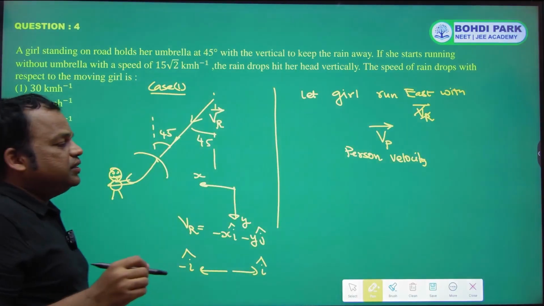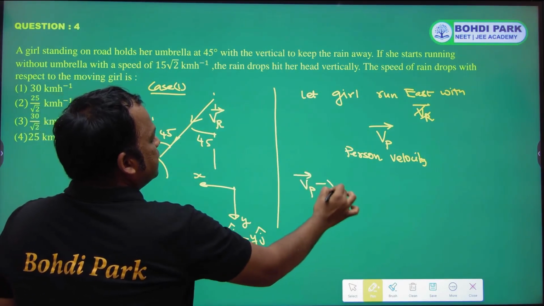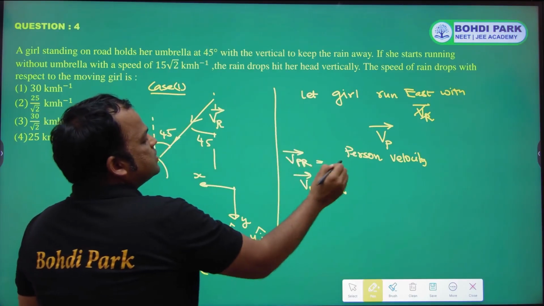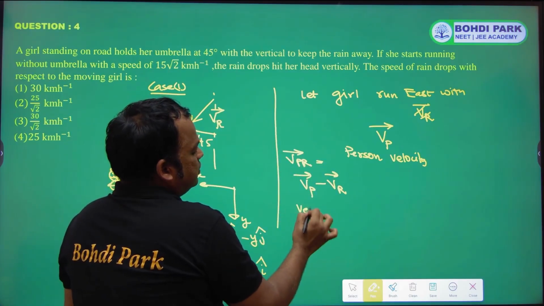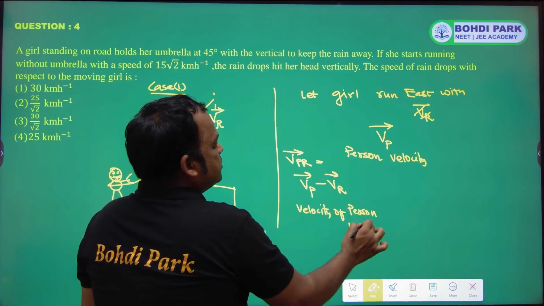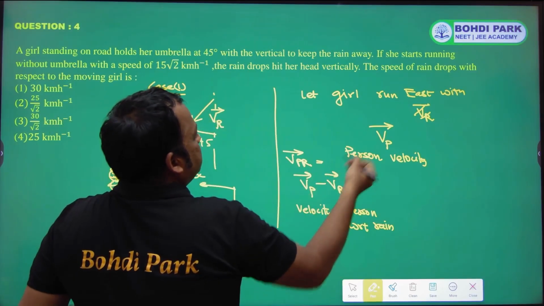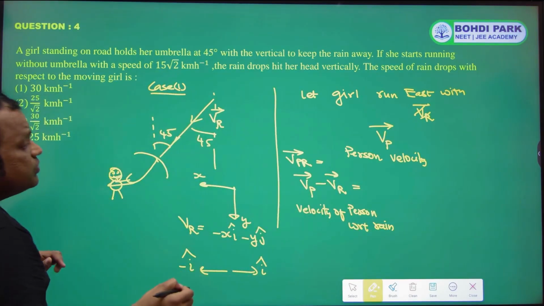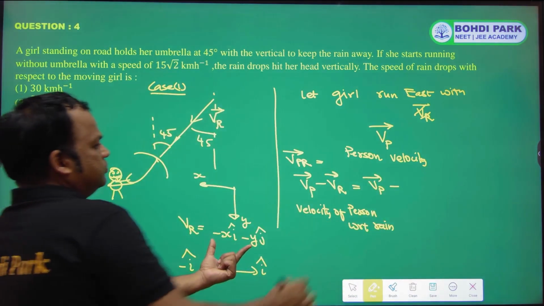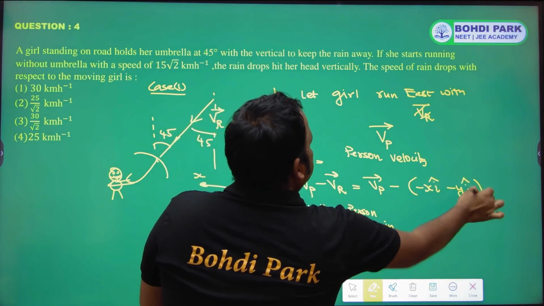So what is relative velocity now? VP vector minus VR vector. This is VPR, velocity of person with respect to rain. So let's find out what is VPR, VP minus VR. This is equal to VP vector minus VR vector, which is minus x i cap minus y j cap.